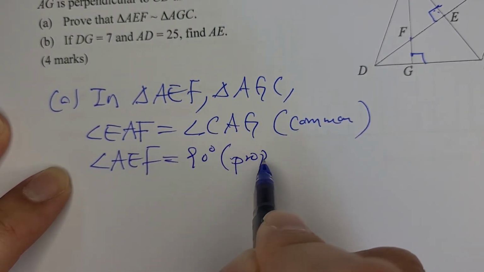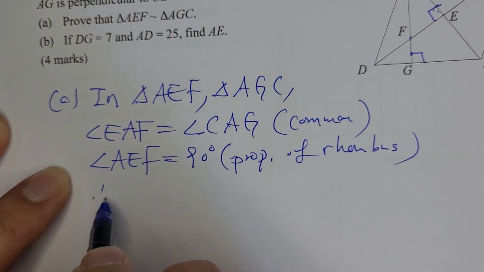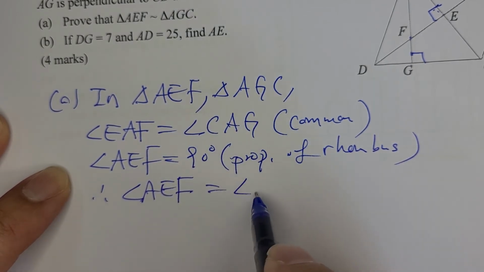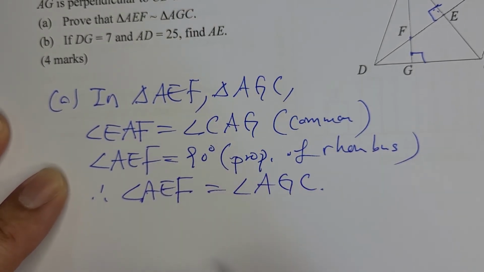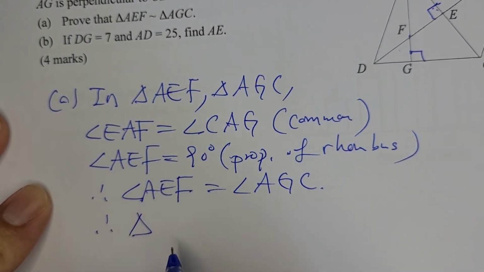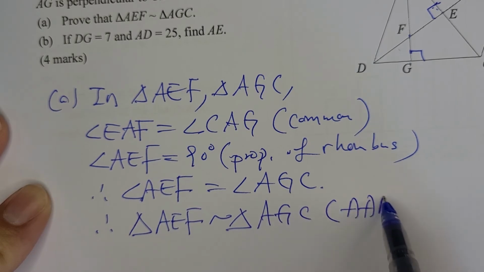That is the property of rhombus. Therefore, angle AEF equals angle AGC. Since you find that two pairs of angles are equal, therefore you can conclude that triangle AEF is similar to triangle AGC. Reason AAA.